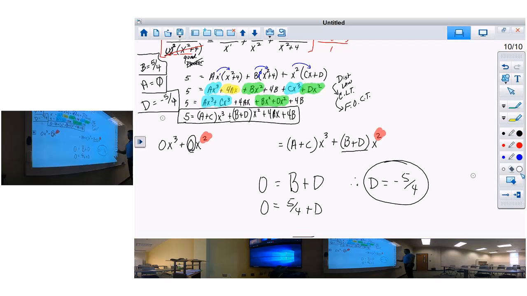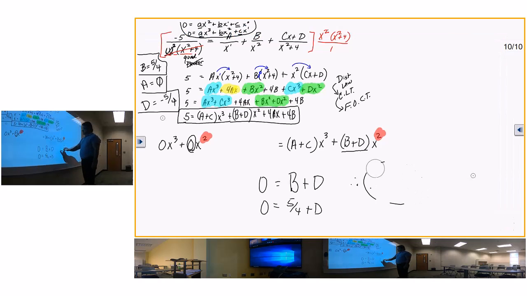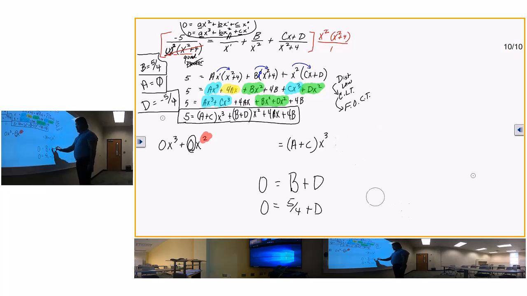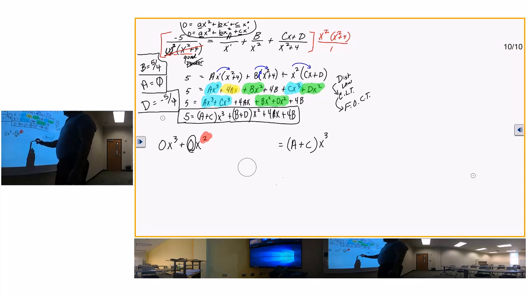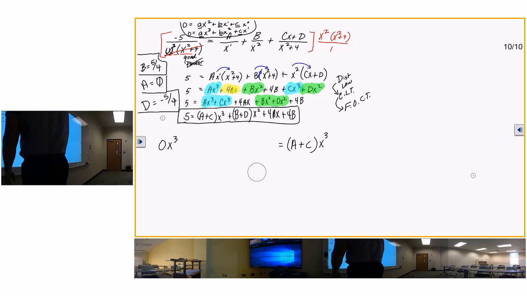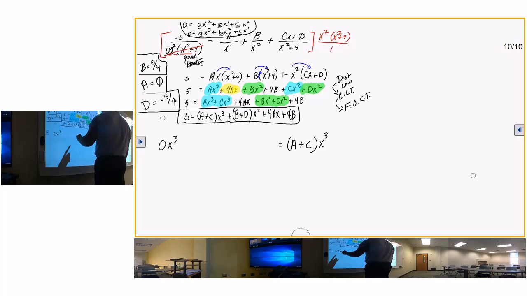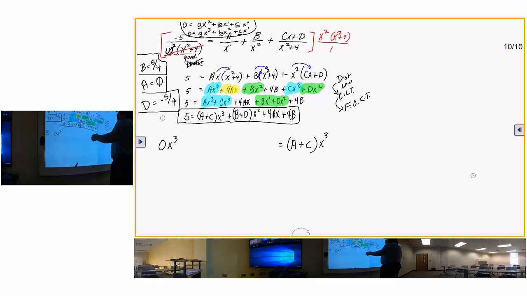And of course, we're going to solve for C now, but you're going to see that C is going to come out to be 0, because 0 is equal to A plus C. Well, what is A? A is 0, so C is equal to 0.